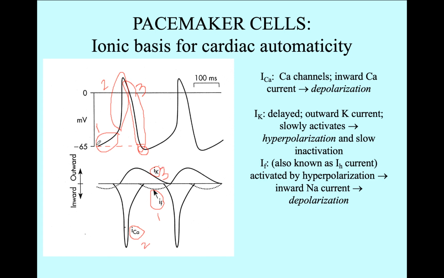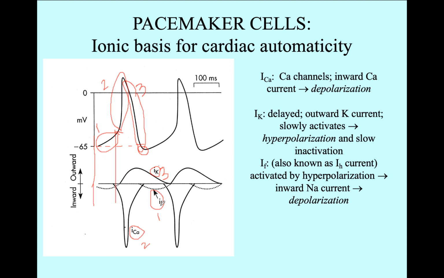Now, let's start with this first part, and I'm going to draw a line moving down here and here. So this slow rise of voltage until we get to this threshold point is caused by this dotted line. See how it's matched up on top of each other? What is this dotted line?